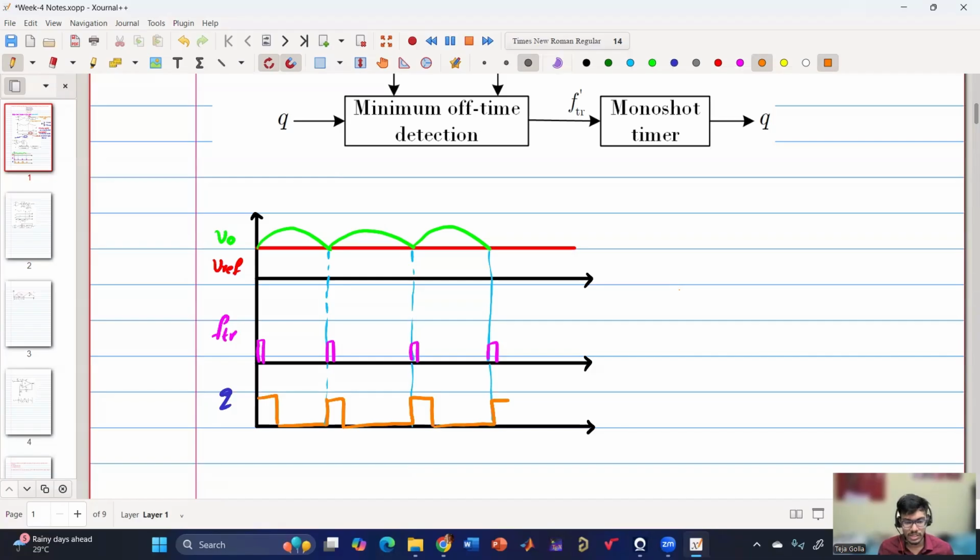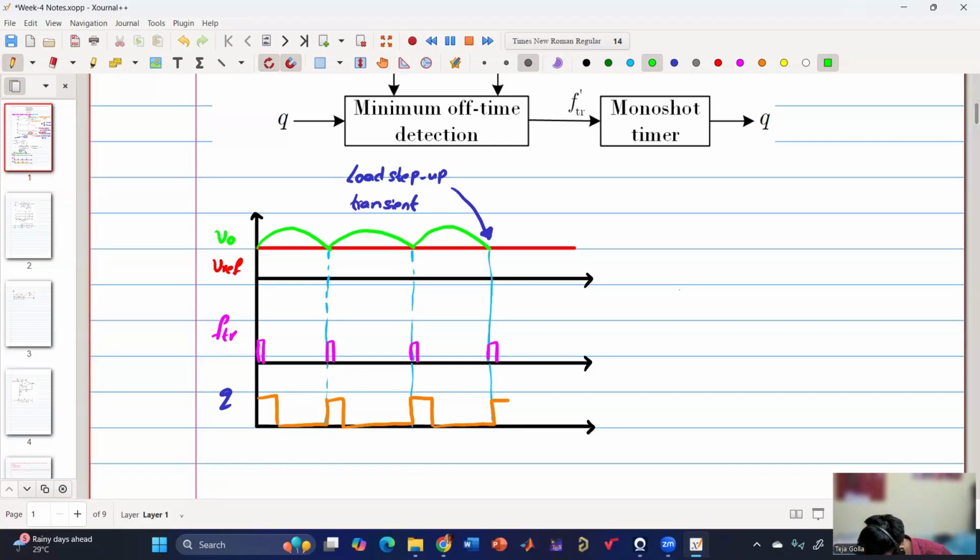But let us assume there is a load transient here. At this instant, let us assume there is a load step up transient, to be precise. So now what happens is V naught will see a dip, right?